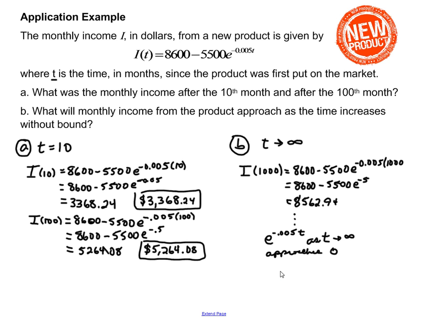So eventually I of t has to approach 8,600 minus 0, or $8,600. So over time this function has a value that approaches $8,600, because that 5,500 e to the negative something t approaches 0. There we go. Another application to come.